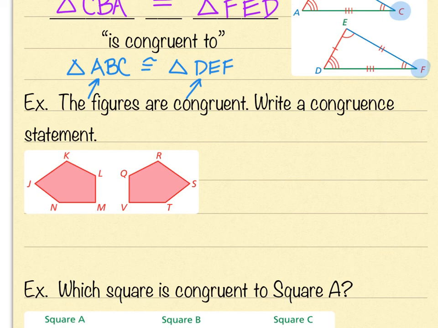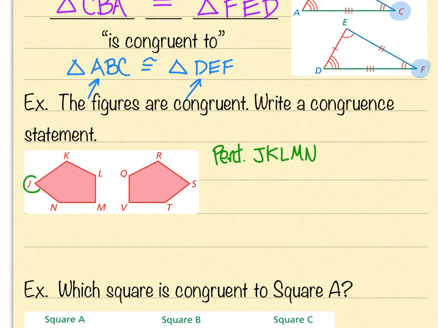So in this particular group, we have pentagons. So we'll say that pentagon, I guess we don't have a little symbol for that, so we can just abbreviate pentagon. And then I can go around and I'll just start at J, K, L, M, N. When I'm doing this, it's very important that I don't skip around.